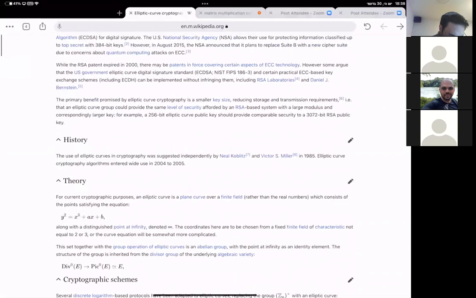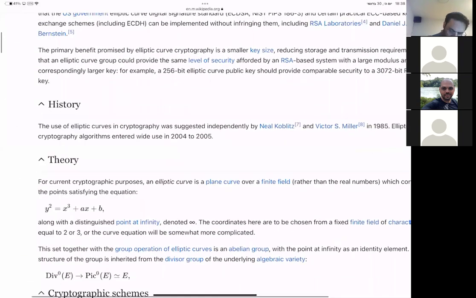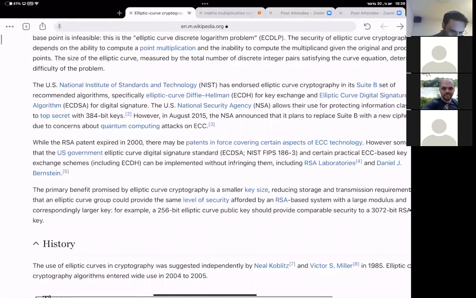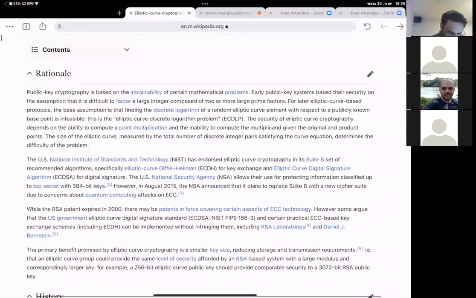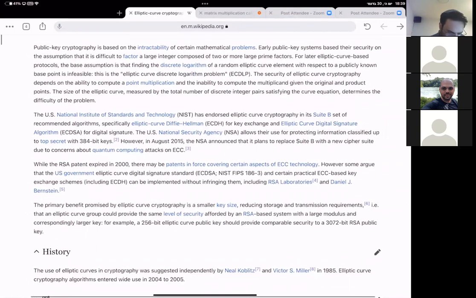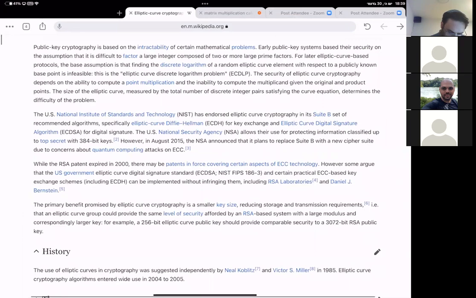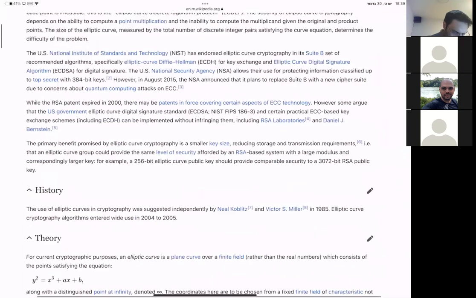So you see here, they begin with the affine elliptic curve, and we call the point at infinity just infinity. Okay. I don't see they begin with the projective description.